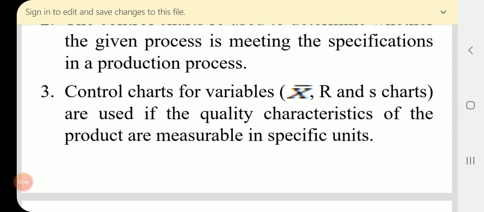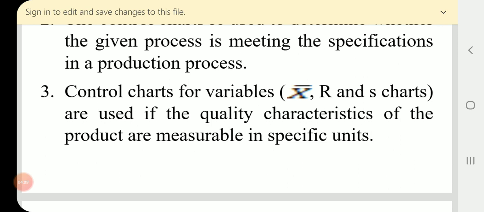The control charts for variables are used if the qualitative characteristics of the product are measurable in specific units. Just now I explained. Control charts for variables, which means XBar, R and S charts.